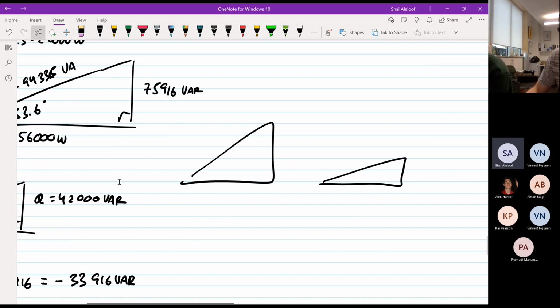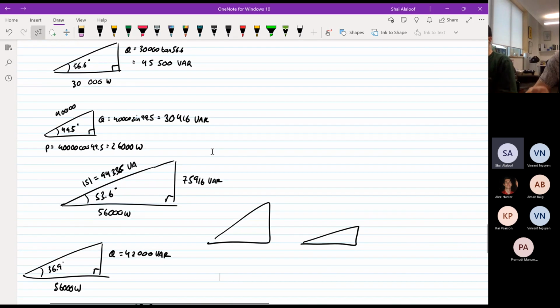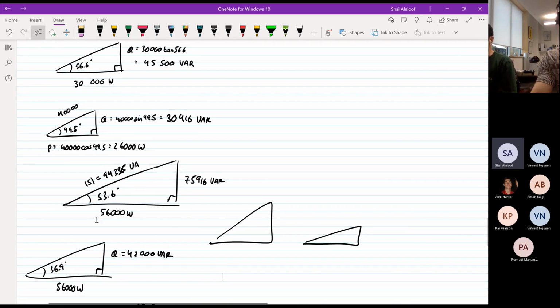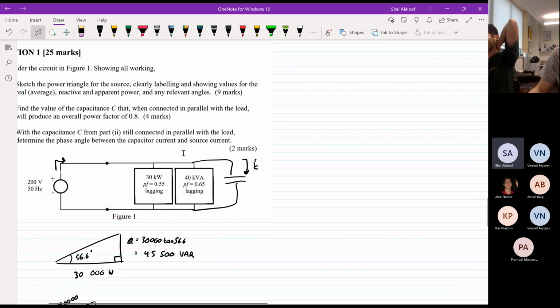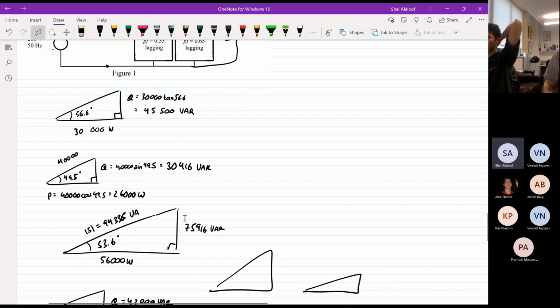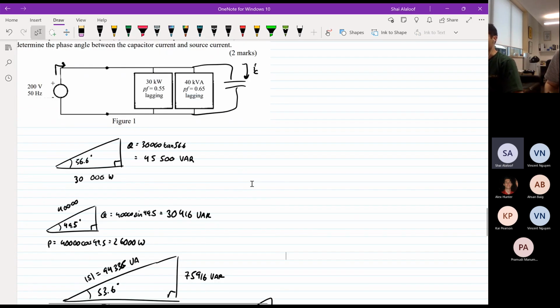Would the inductor be in series or in parallel? It's also in parallel, right? The whole principle of power factor correction is that we attach it in parallel, and that allows us to just subtract the reactive powers. I don't think you guys are taught what to do in series.